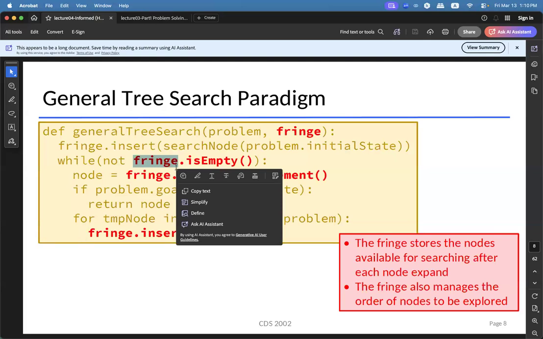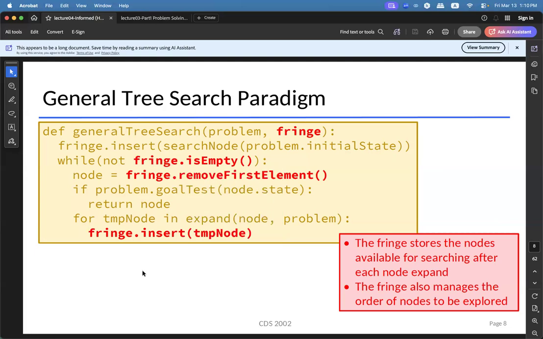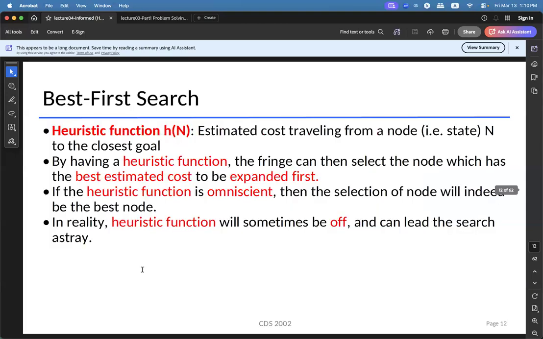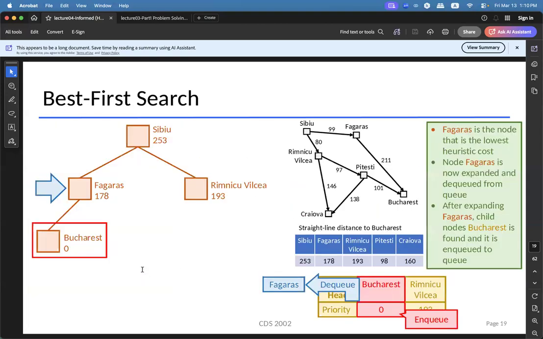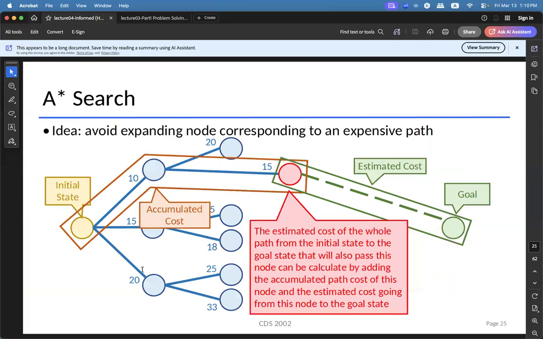Okay, so each time in the general tree search algorithm, we select a node for expansion, and the node is selected by the underlying principle, underlying mechanism, or the data structure used as the fringe. And when we are working with A star search, we actually want to take this consideration.